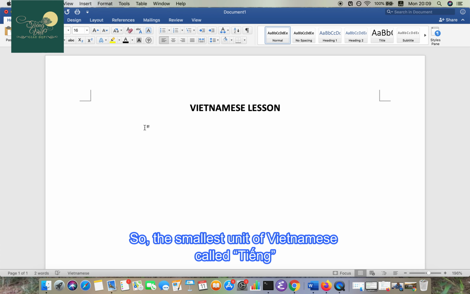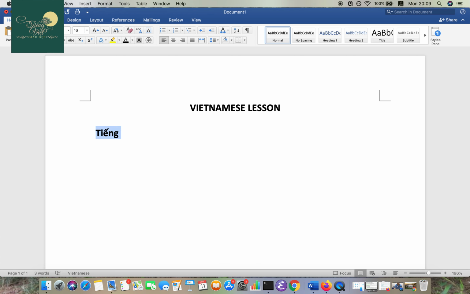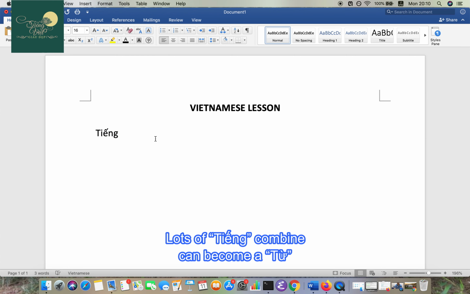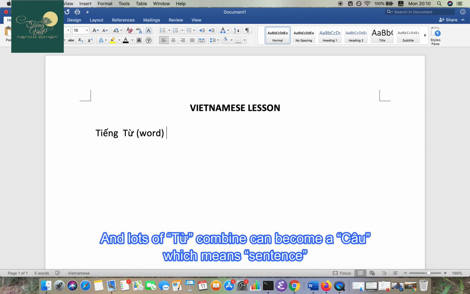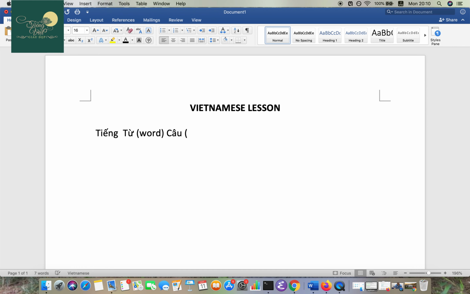So, the smallest unit of Vietnamese is called tiếng. Lots of tiếng combined can become a từ, which means word. And lots of từ combined can become a câu, which means sentence.